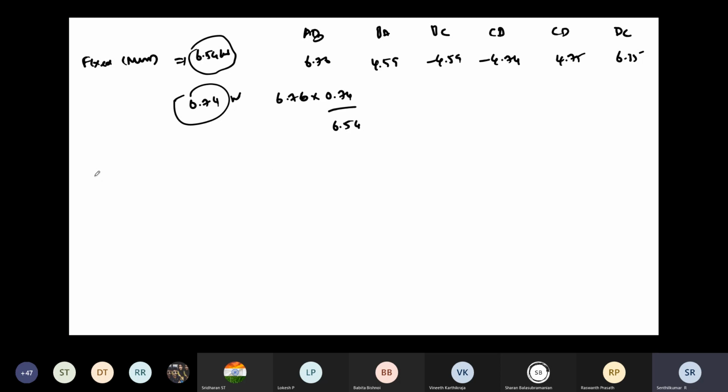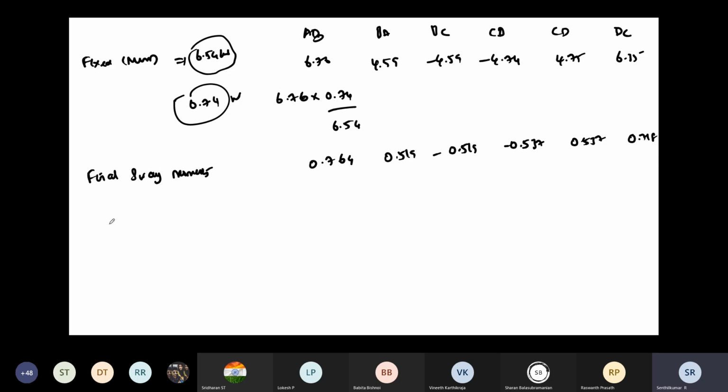So when you are doing that, you will get the final sway moments: 0.764, 0.519, minus 0.519, minus 0.537, 0.537, then 0.718.